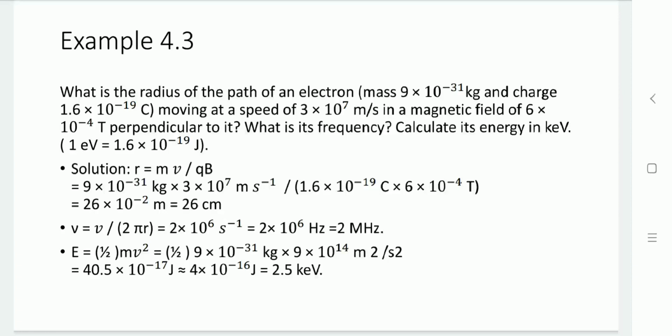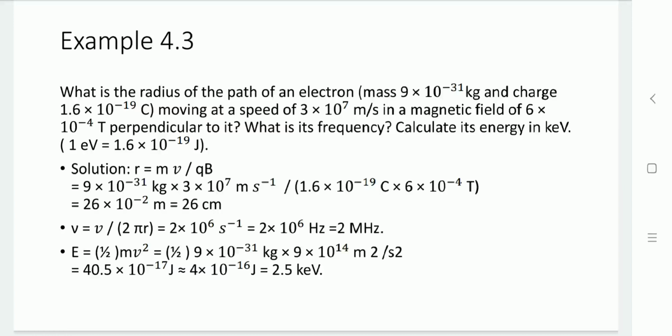So place all the values. We have the radius 26 into 10 raised to minus 2 meter, that is 26 centimeter. Now frequency nu equals velocity v by 2 pi r. So we have 2 into 10 raised to 6 per second, that is 2 megahertz.